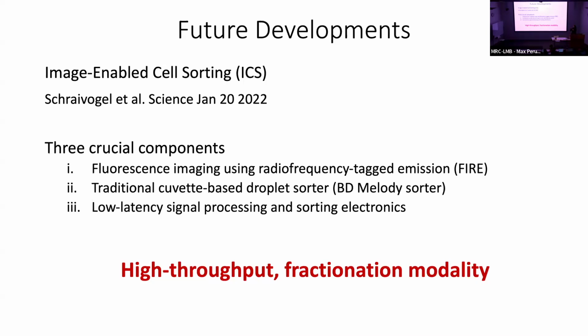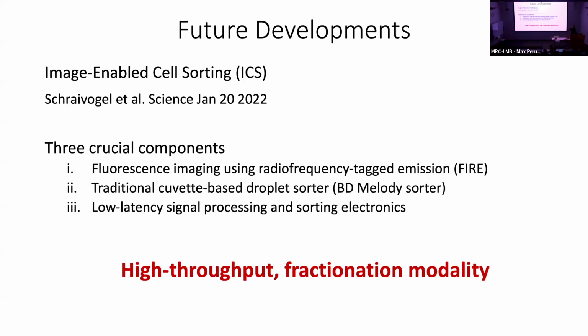So there's no jet-in-air imaging sorters, at least not yet, with low latency signal processing and sorting electronics. This is pretty amazing, because if you think about it, you are imaging a cell that's quickly moving through a stream at very, very rapid rates, right?